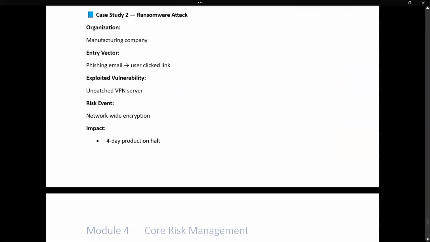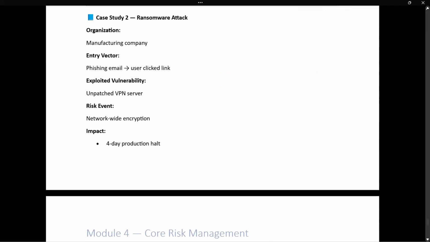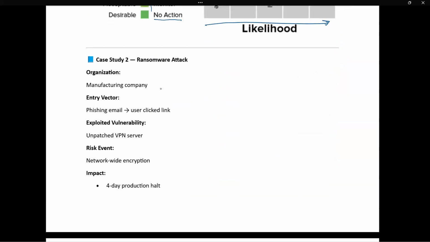Okay, so now there is a case study. There is a manufacturing company, and the entry vector is a phishing email, exploiting a vulnerability, which is an unpatched VPN server.